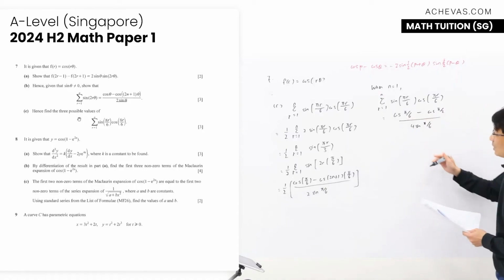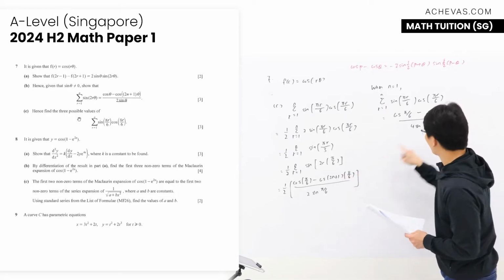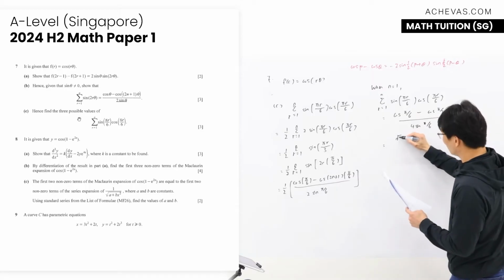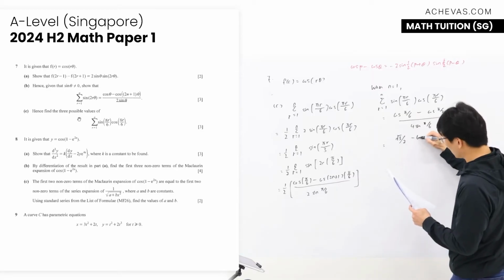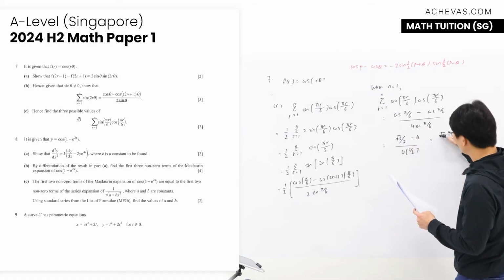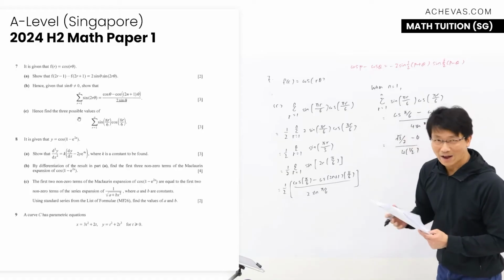I'm basically subbing 1 in for n in this expression. Using our calculator, we get root 3 over 2 minus 0, over 4 times half, which gives me root 3 over 4. This is the first value that I want.